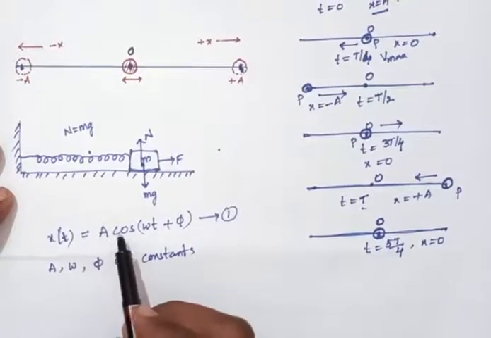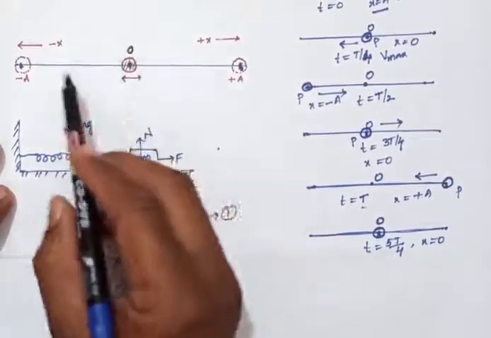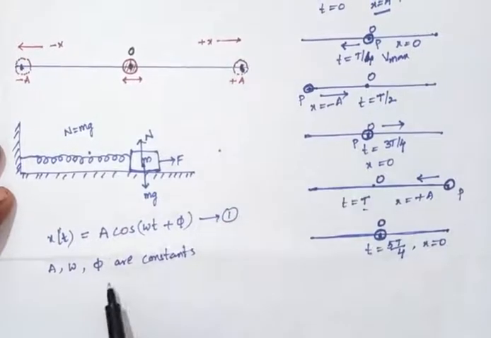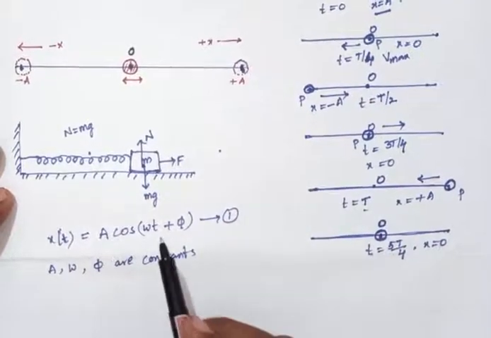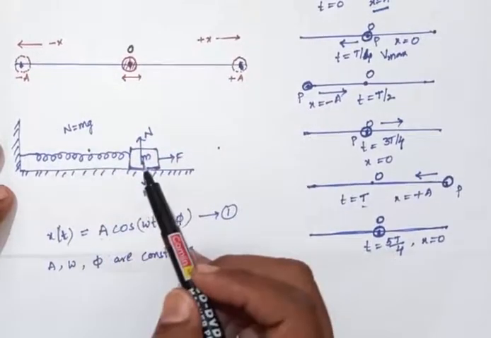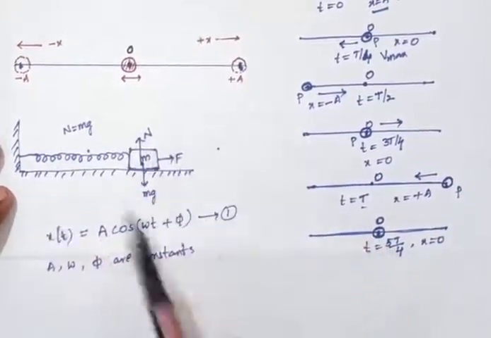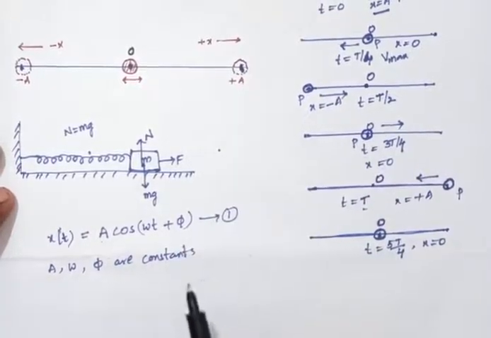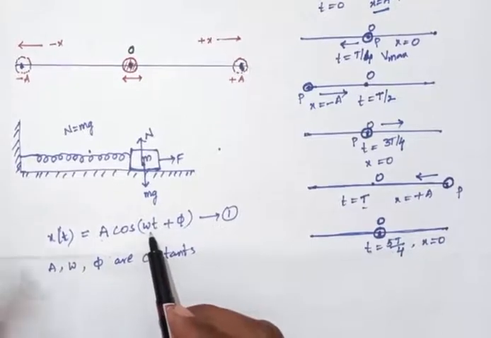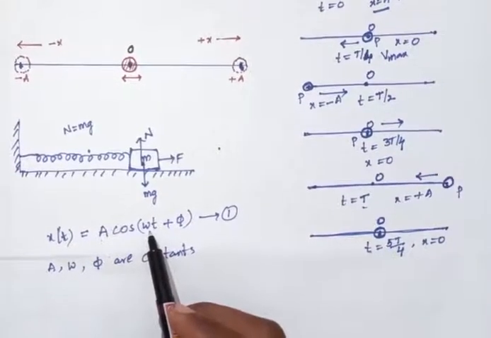A is the amplitude, the maximum displacement. In simple harmonic motion, the maximum displacement of the particle is taken as the amplitude. Omega is the angular frequency or angular velocity.